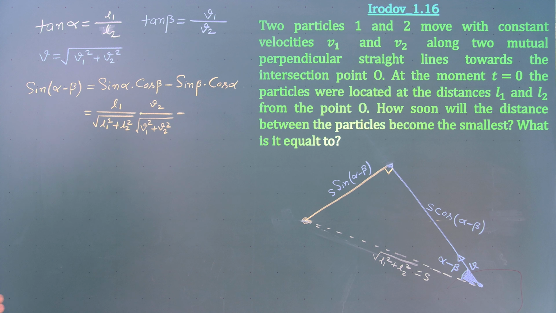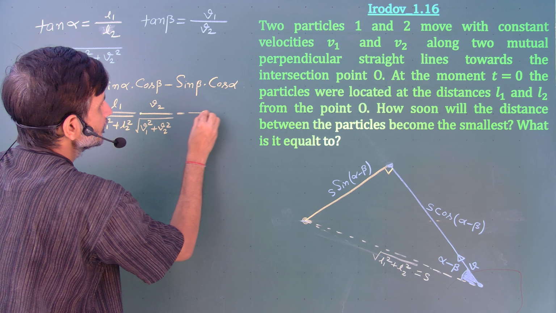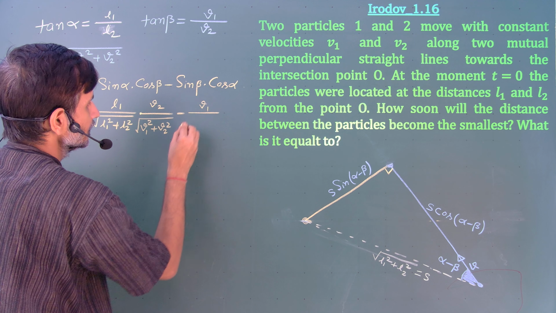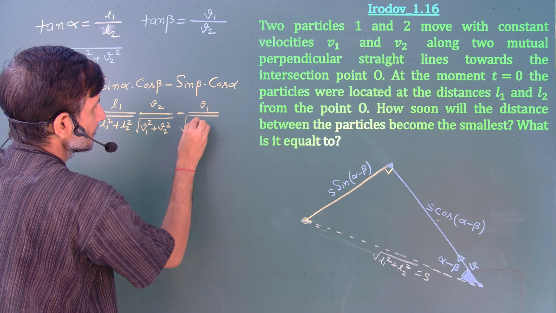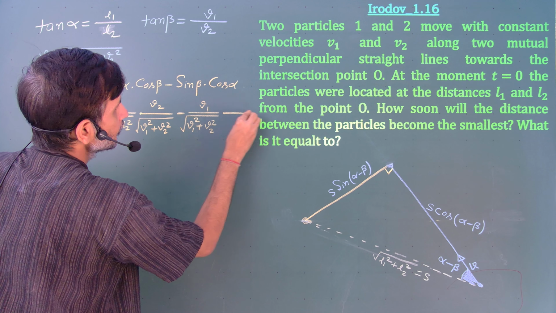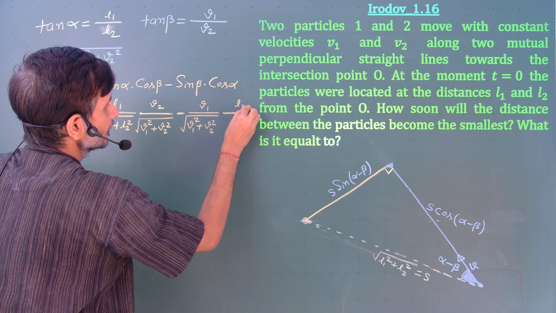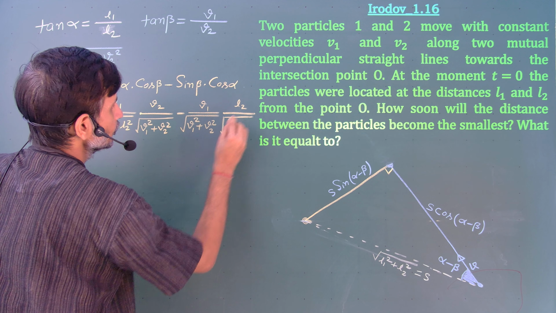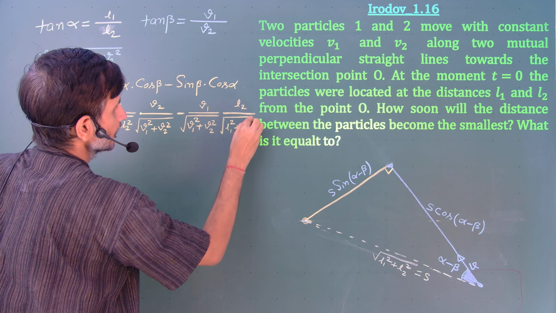Now minus sine beta. Sine beta means this. So it is equal to V1 divided by under root V1 square plus V2 square. Now for cos alpha, this is equal to L2 divided by under root L1 square plus L2 square.